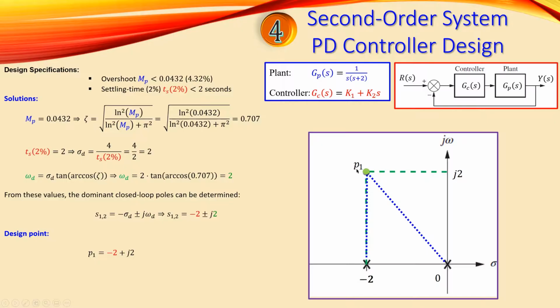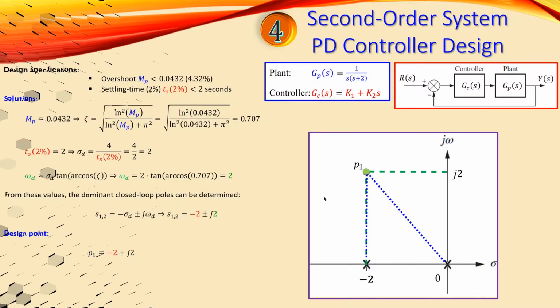So you can see that the design point is shown here, and these two poles will have an effect, as we will show shortly, a phase contribution and also a magnitude contribution for this design point. But that will be determined and discussed in the next steps.